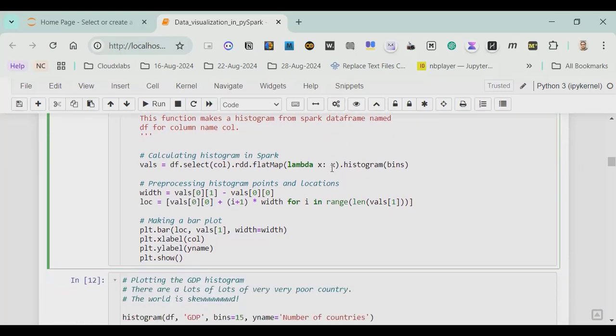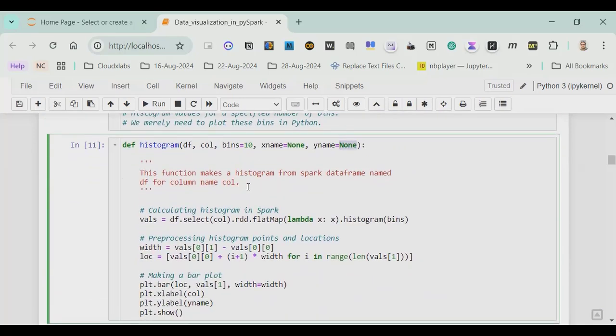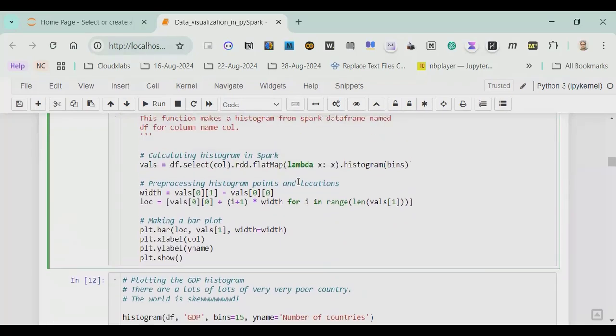This function makes a histogram from a Spark data frame, where df is the data frame and column is the column name. I'm calling select and then the RDD flat map, which we learned earlier, along with a lambda and histogram bins, to calculate the histogram in Spark.